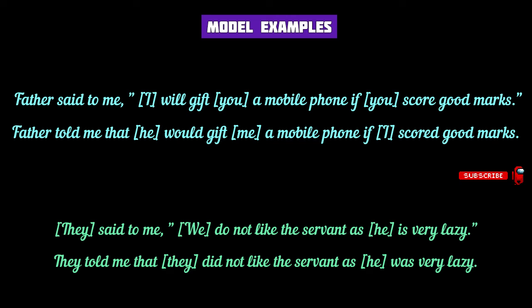For a noun, the first person I will be changed as the third person he. And the second person you will be changed according to the object of the reporting verb. In this case, the first person me is the object. So in the indirect narration, the second person you will be changed as the first person me and I in their respective cases. Father told me that he would gift me a mobile phone if I scored good marks.